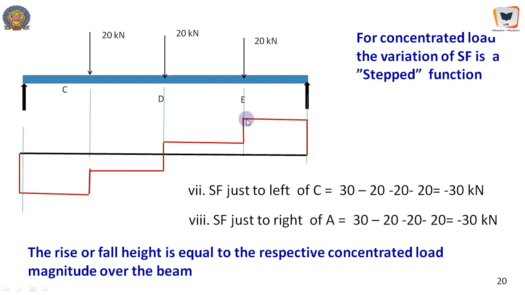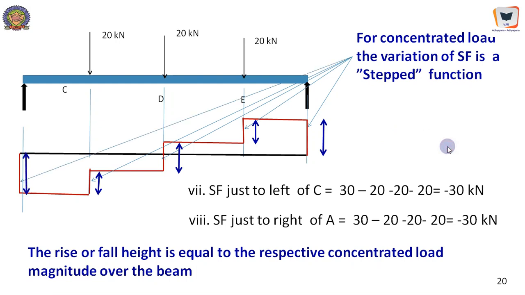That is, this one is 20, this one is 20, this one is 20, and this one is 30, and this one is 30. So this is 30, and this is 20, and this is 20, that is also 20, and this is 30.